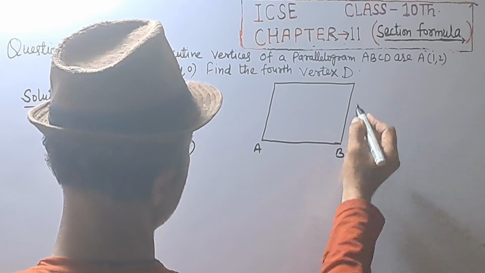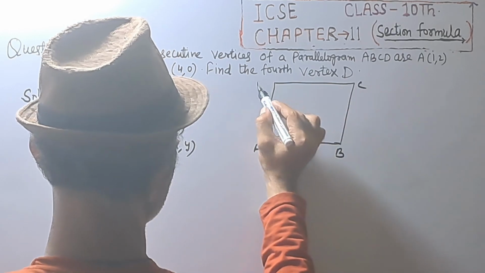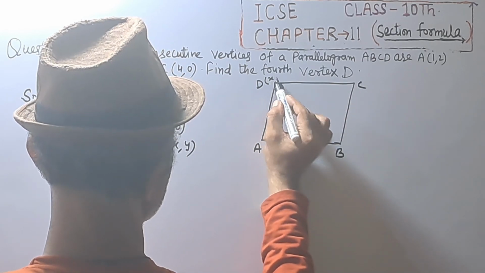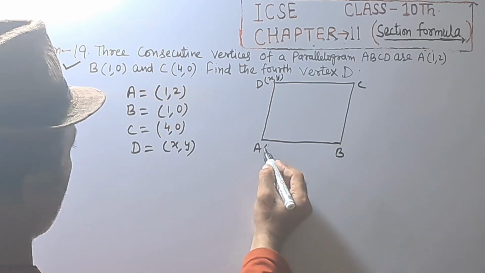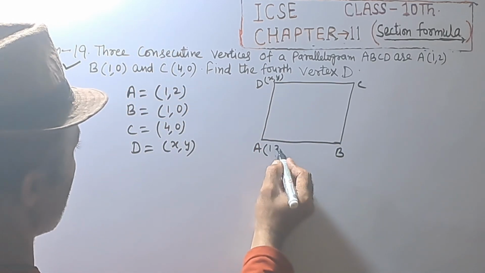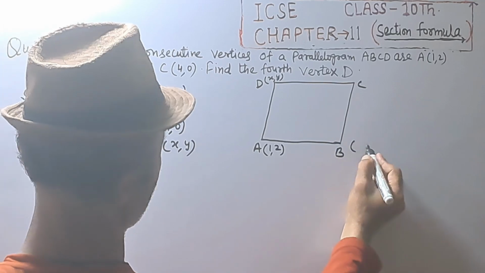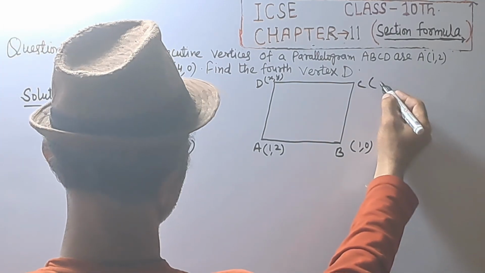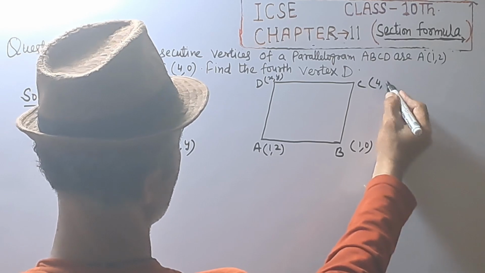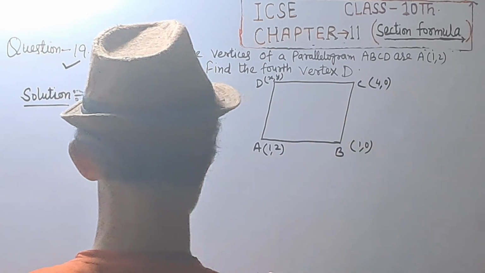A, B, C and D, that is x, y, and the vertex A is given as (1, 2), B vertex is (1, 0), C vertex is (4, 0).